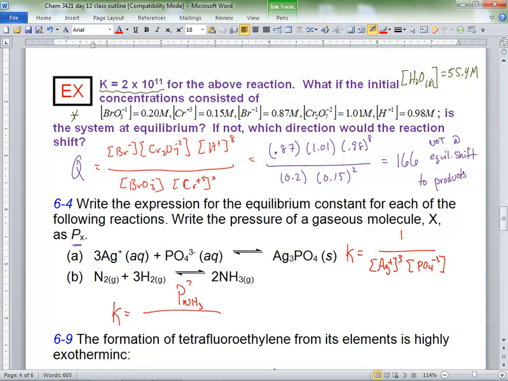Second. Every gas has to be a capital P. Yeah, exactly. Okay.